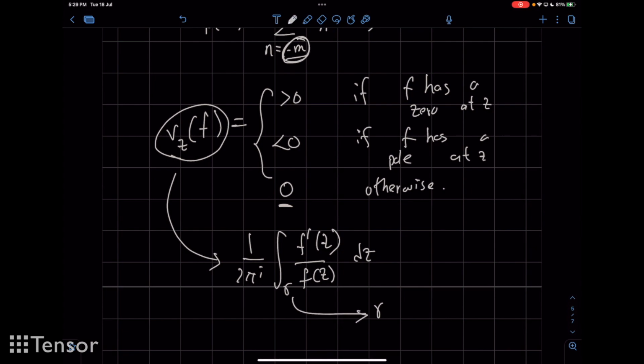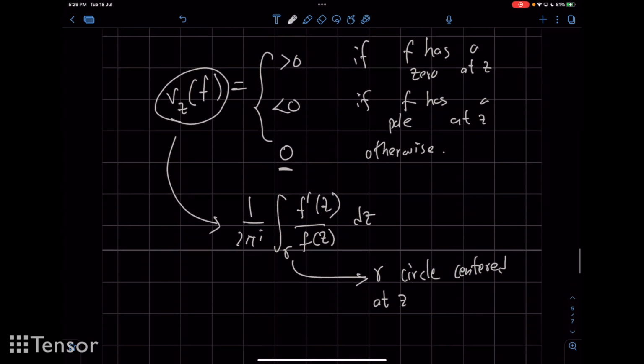And what is gamma? Gamma is a circle centered at z. Well, does any circle centered at z work? Well, the radius of the circle doesn't really matter, right?